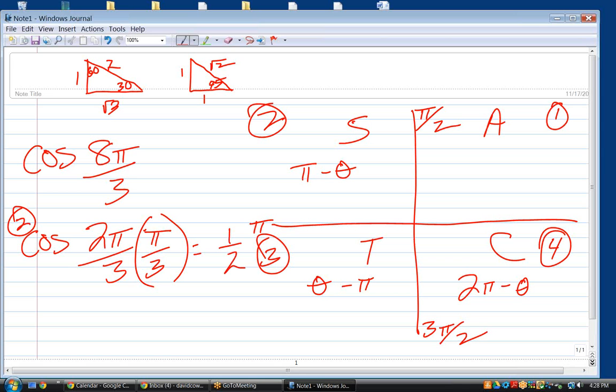Plus or minus? So it's negative. And it's just as straightforward as that. No matter what the trig function, no matter what the angle, as long as it is a multiple of 30, 45, or 60, we can use this technique.